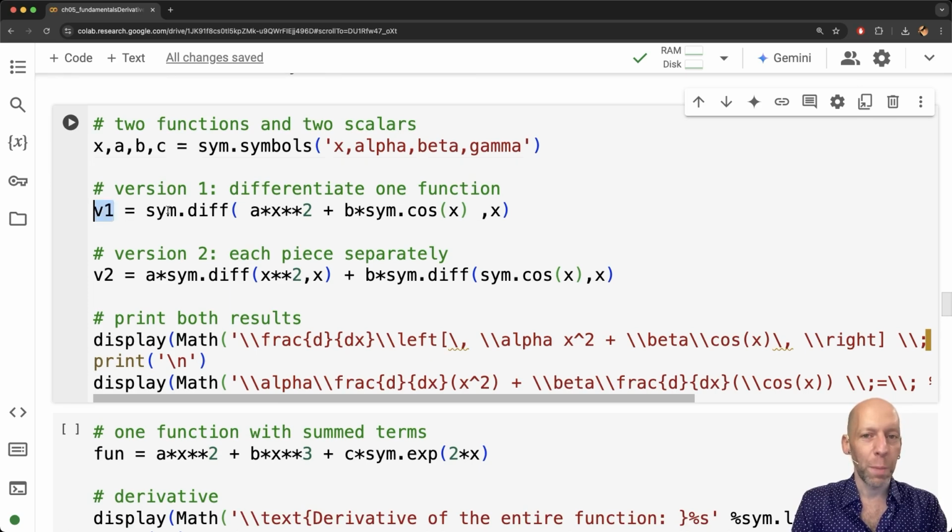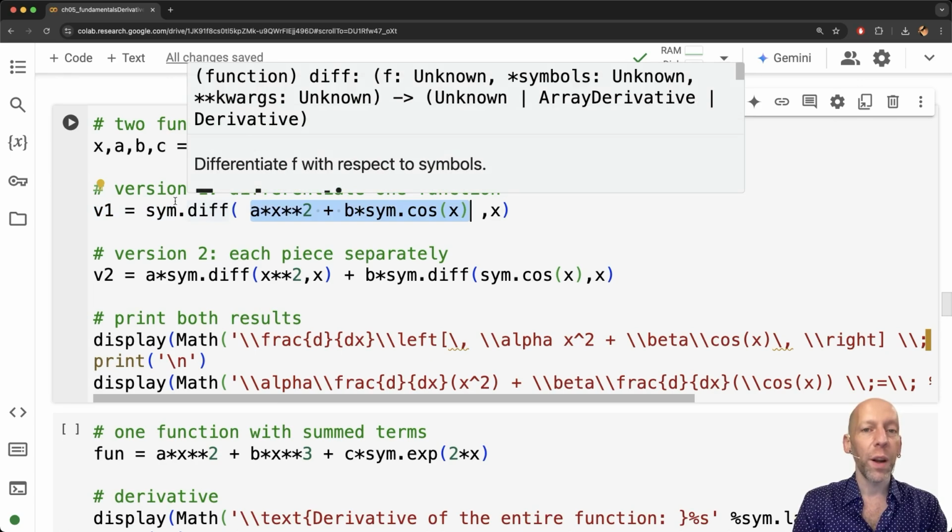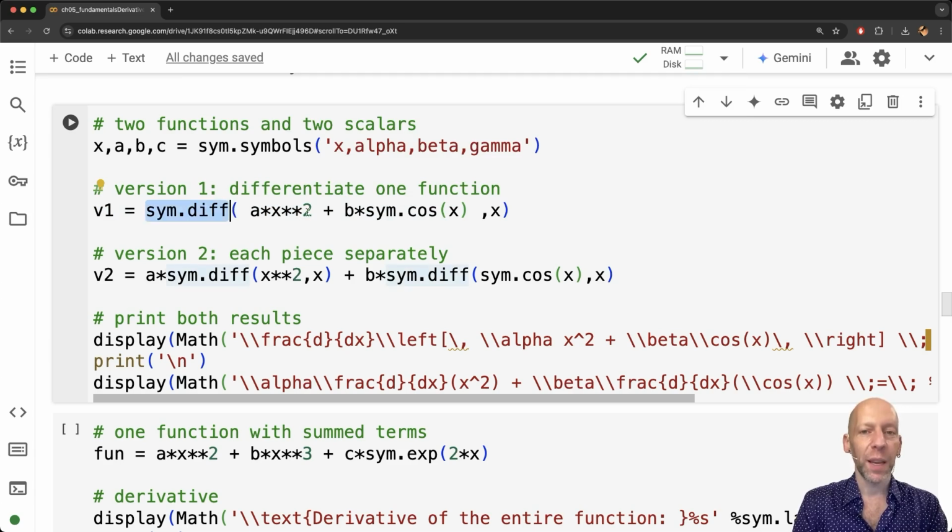Okay, so here's version 1. Notice I'm building up the entire function inside one call to sim.diff. So alpha times x squared plus beta times cos squared. And then here's version 2. Here, notice that I'm calling sim.diff twice. And I'm also pulling out the constant.